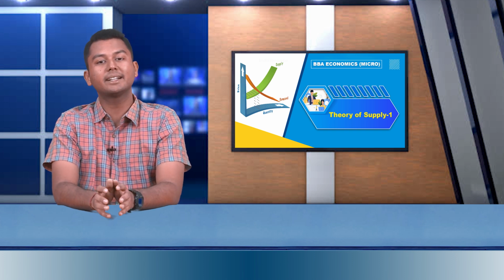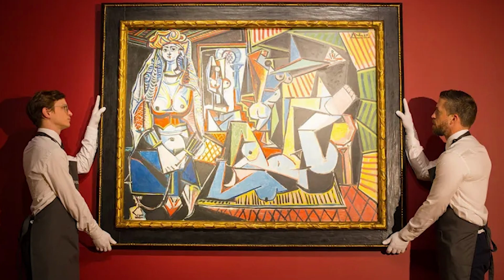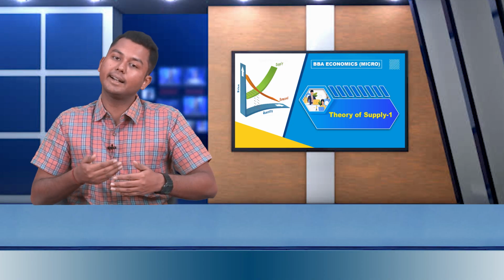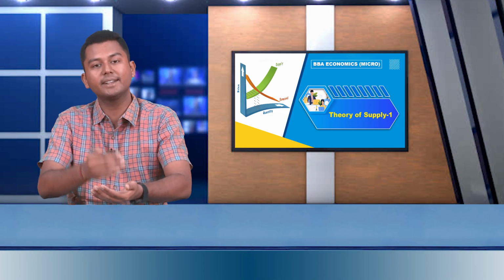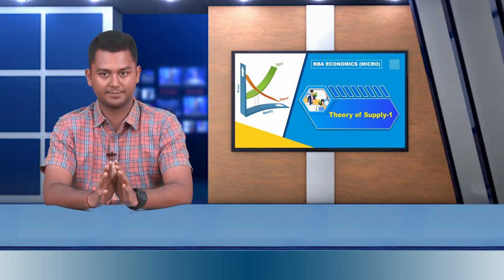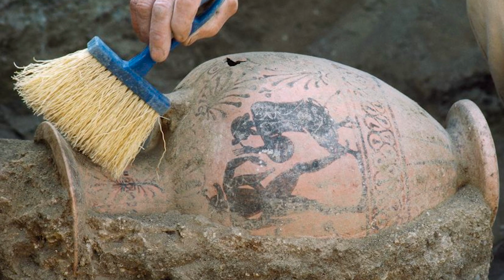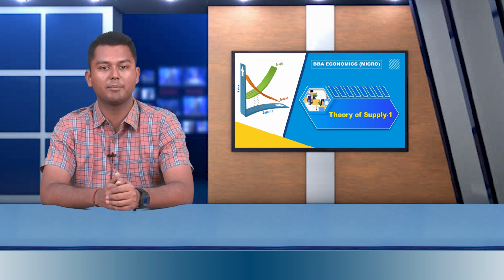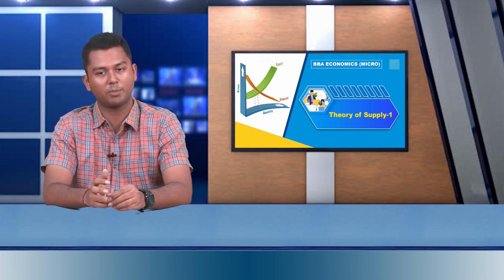A famous painter cannot simply produce more masterpieces because prices rise. Rare collectibles or antiques have fixed supplies that cannot increase regardless of price. Archaeological artifacts or historical items have perfectly inelastic supply because no new production is possible.